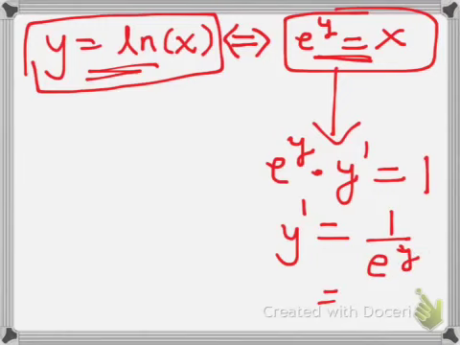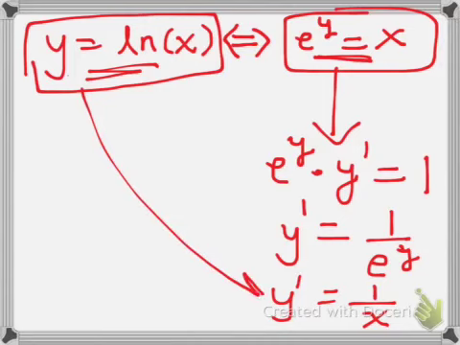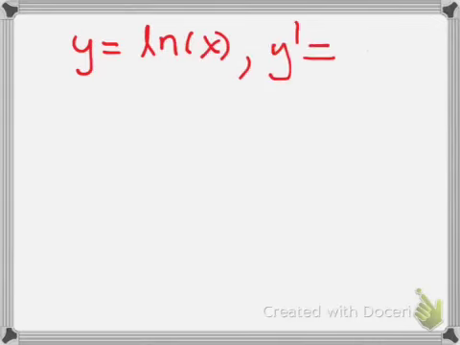What was e to the y? e to the y is x. So it's nothing but 1 over x. The derivative of the natural log function is 1 over x. So if y equals natural log of x, then y prime, its derivative, is the reciprocal function, which is 1 over x.